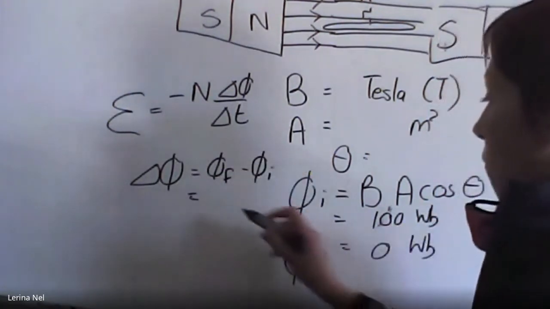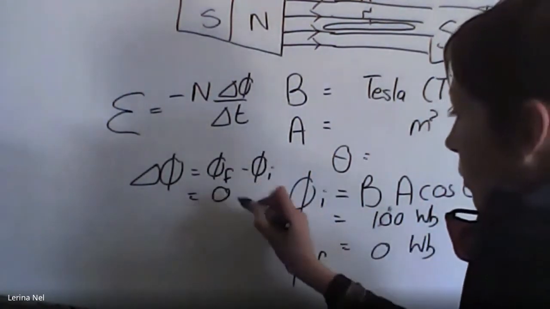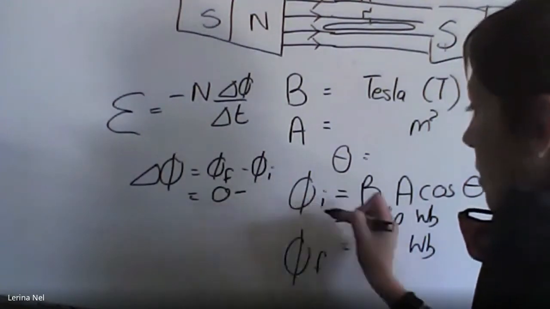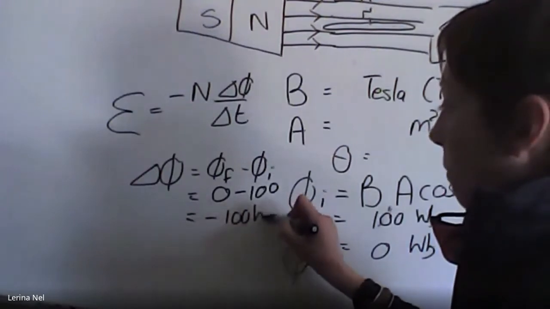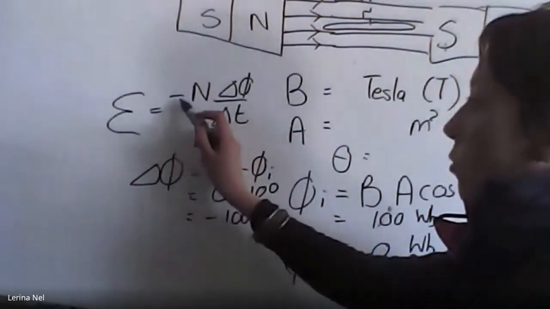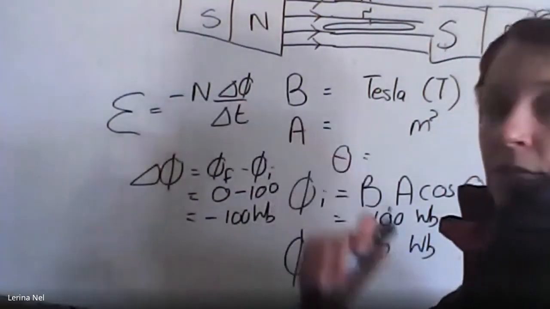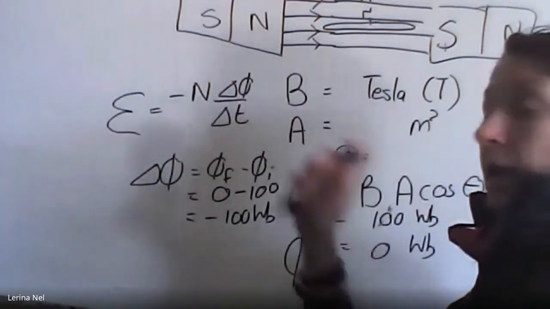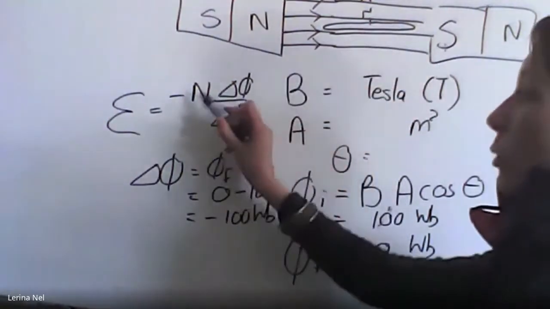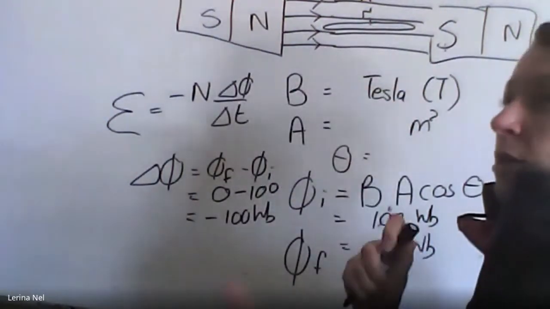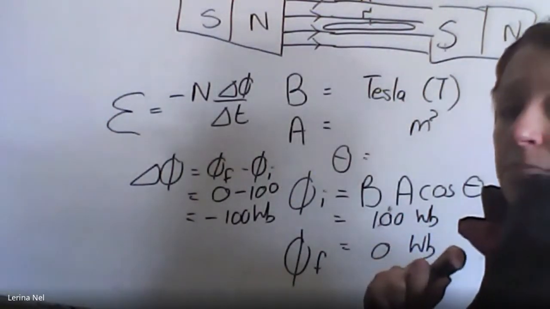This gives me 0, my final flux, minus 100. My changing flux is therefore negative 100 Weber, which is normally going to cancel out the negative sign in front of the number of windings. N is the number of windings. In this case, because it's only one loop, this number will be 1. Otherwise, they will specifically tell you what the number is.